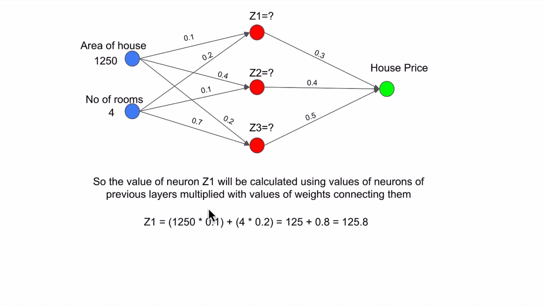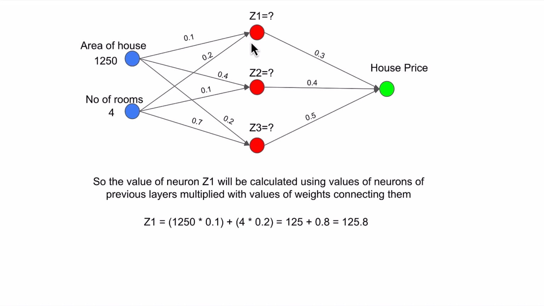After that you check if any other neuron is connected with this Z1. We can see this rooms neuron is also connected. So we take the value of rooms and multiply it with this weight 0.2. There you can see we are doing this as well. And after that we do the calculations and find the value 125.8. So that will be the value for this Z1.